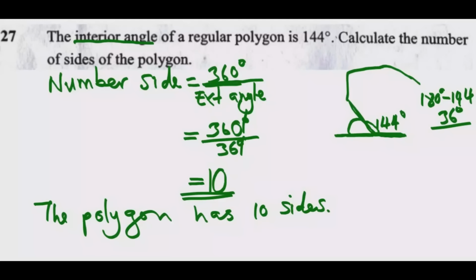The polygon has got 10 sides. Basically, that's how you go about this question. If you have got questions, you can ask in the comment section. We'll be glad to respond to them. Basically, that's how you find the number of sides a polygon has.